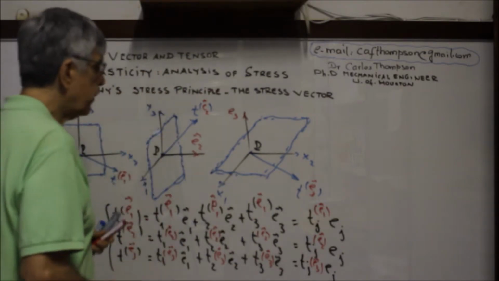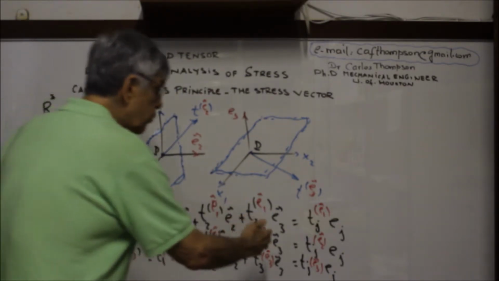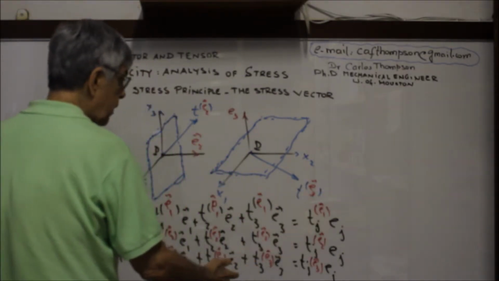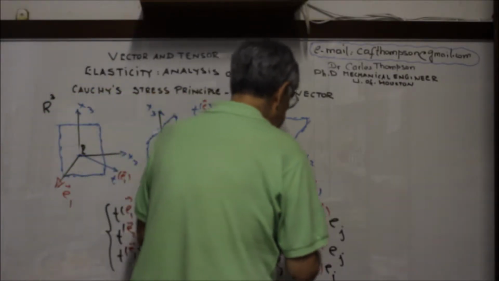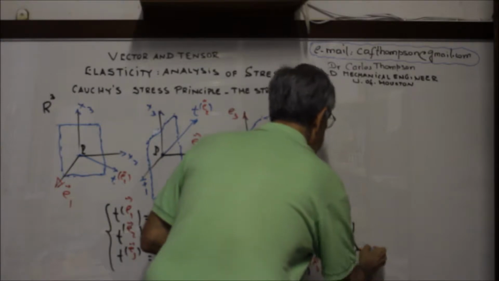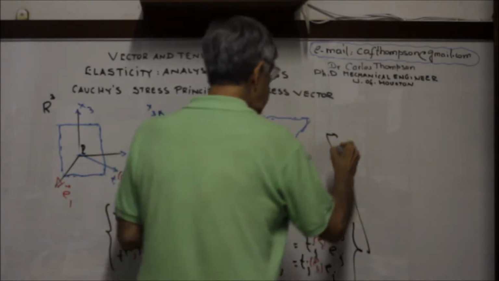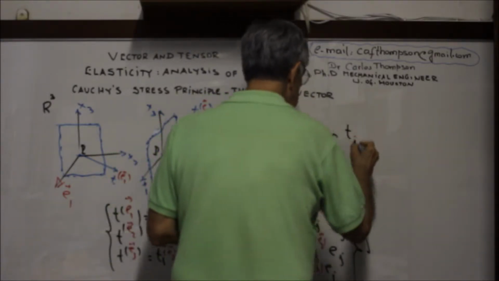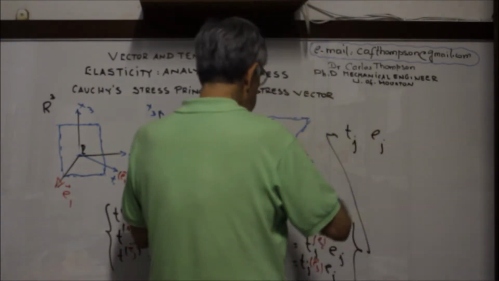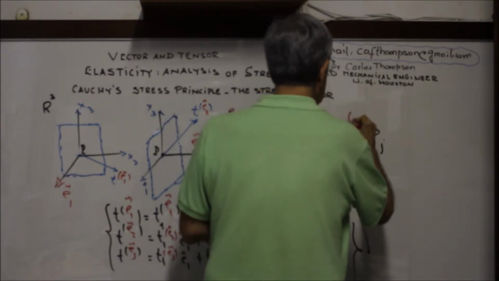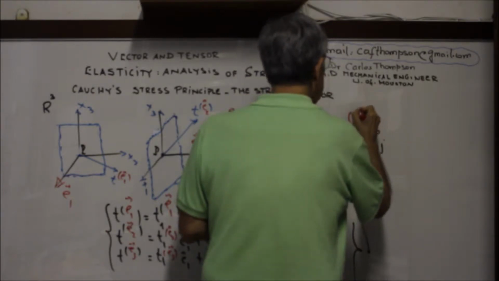Now this is a sum, j is dummy. Now I can represent an element of this by writing like this: Tj Ej, and here I put Ei.